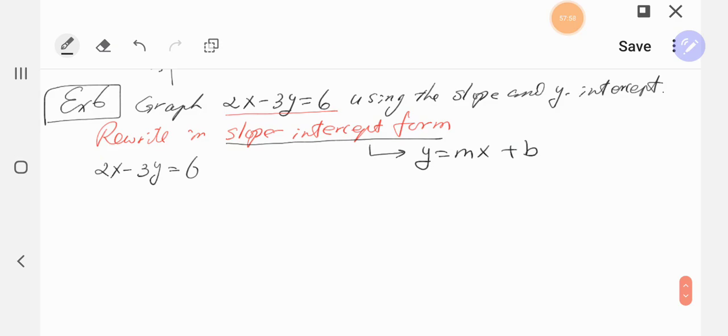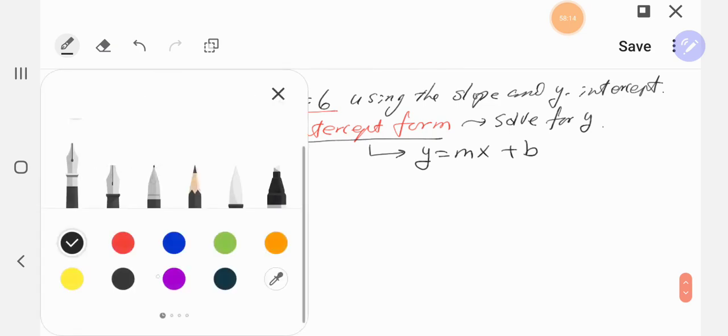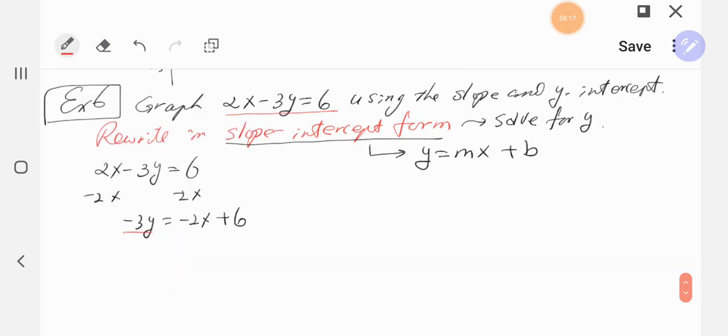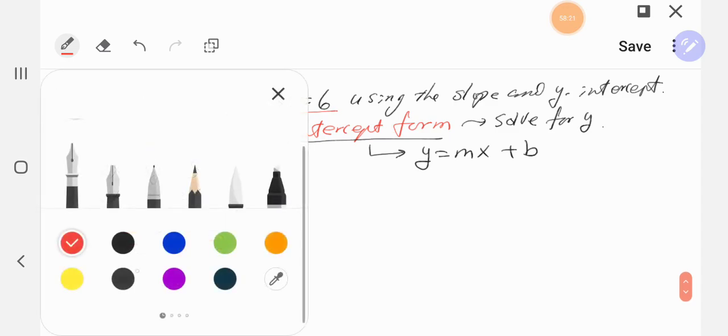Solve for y. So y equals something. So from this, we will subtract 2x from each side. Then negative 3y is equal to negative 2x plus 6. And then what do we do next? We want y only. So divide each side by negative 3.